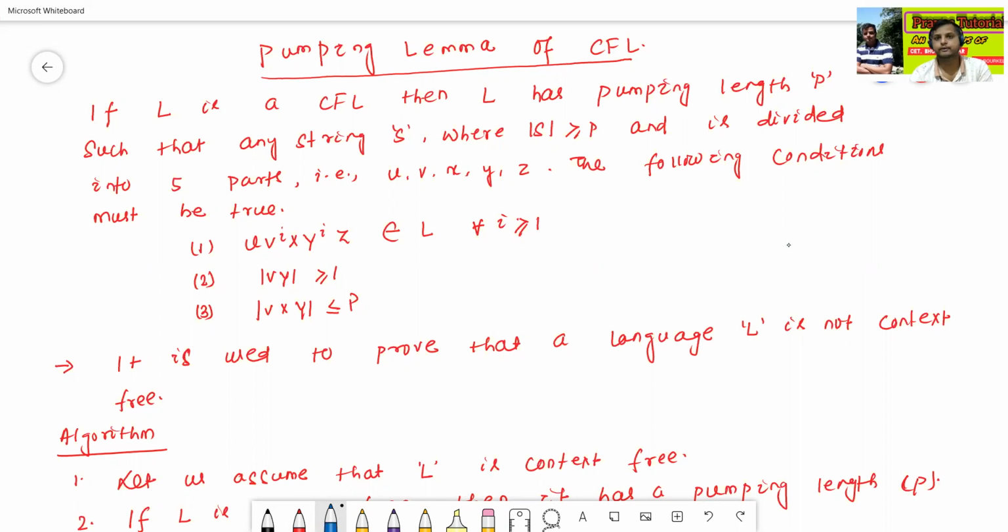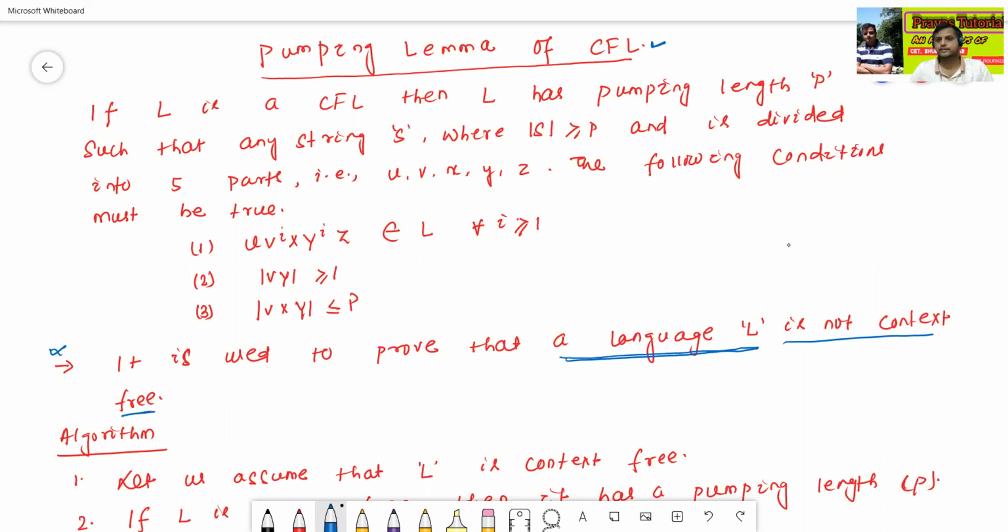So why will we use the pumping lemma of context-free language? It is generally used to prove that a language L is not context-free.